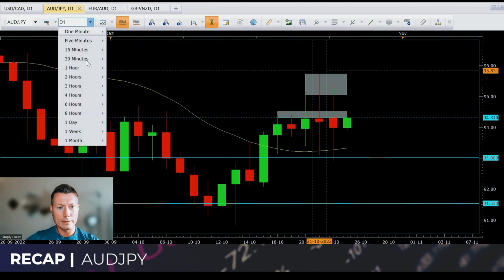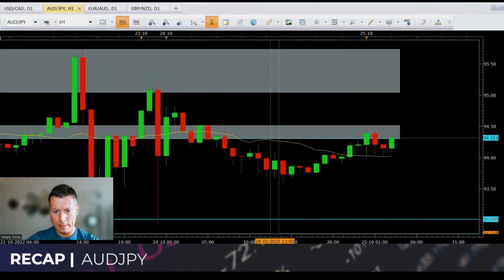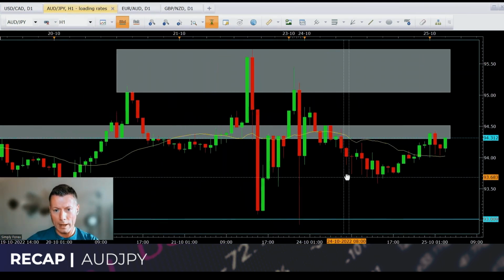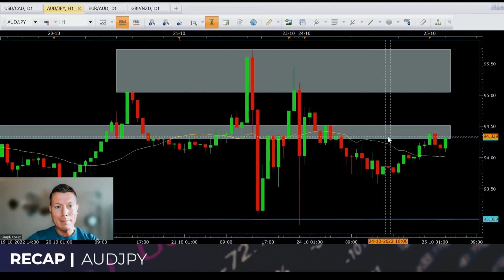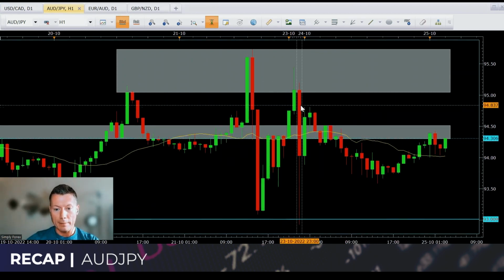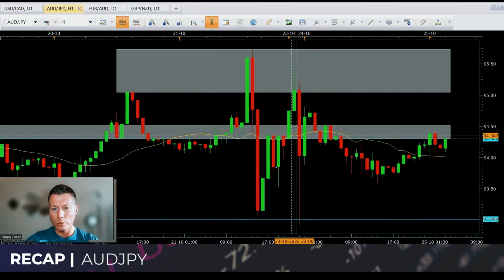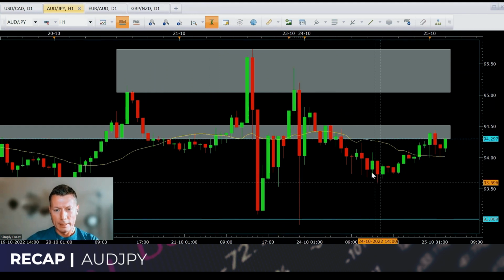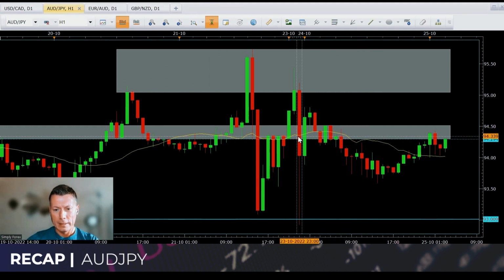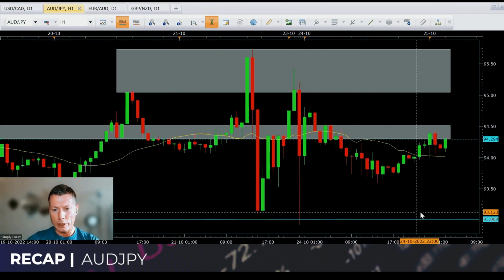Okay. So let's go down to the H1 chart and look what happened. It became immediately difficult to trade this pair because at the open we had all of this whipsaw-y price action, which becomes difficult to trade. But then we did have a couple of grey zones that we could have traded.